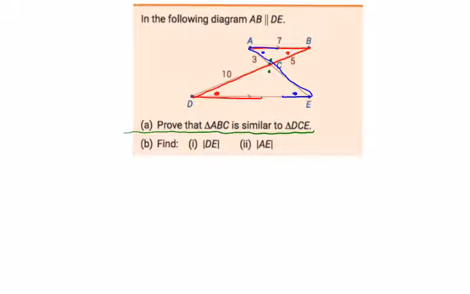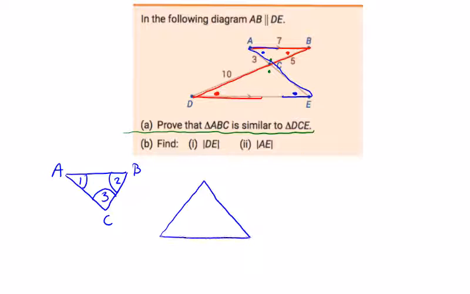So if I take those two triangles separately, and I write A, B, C, and I number them. The blue one is 1, the red one is 2, and the green one is 3. And I write my other triangle and do the same.